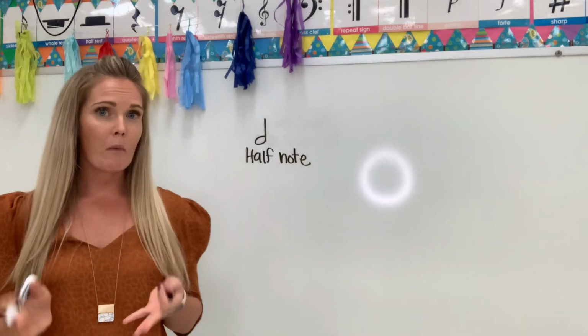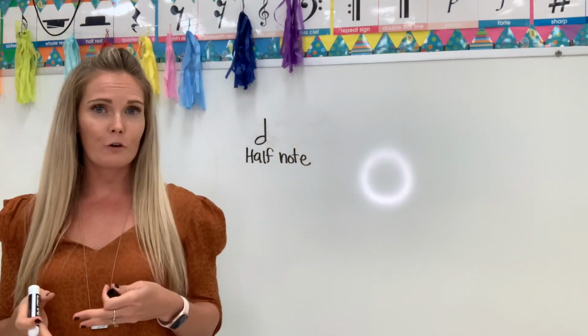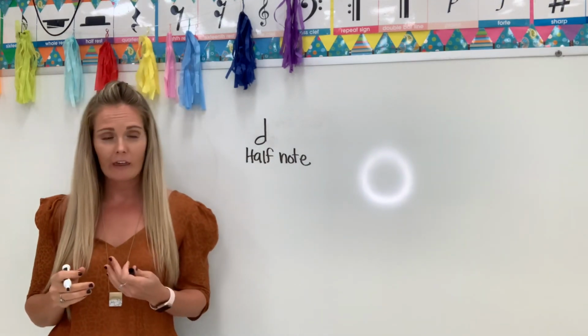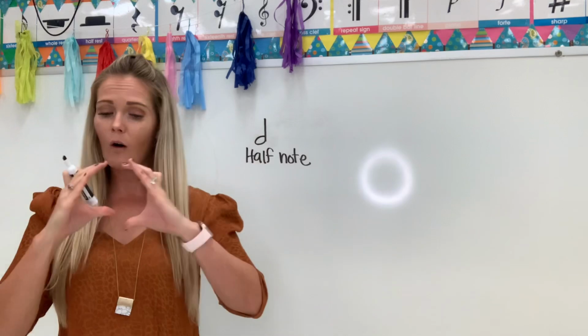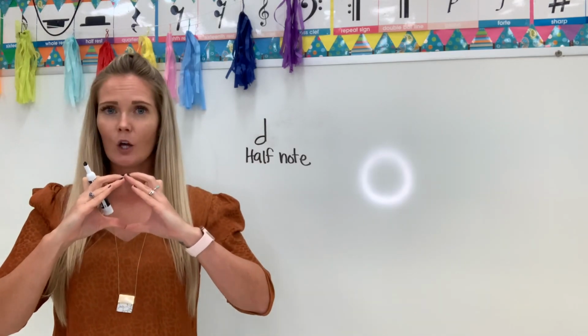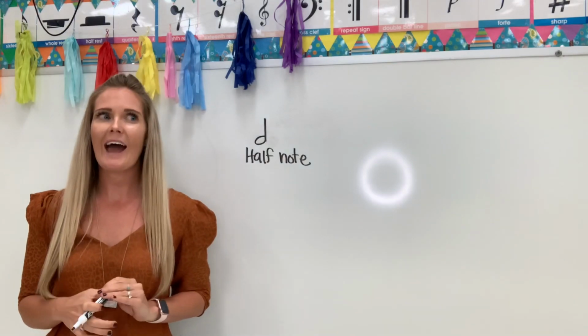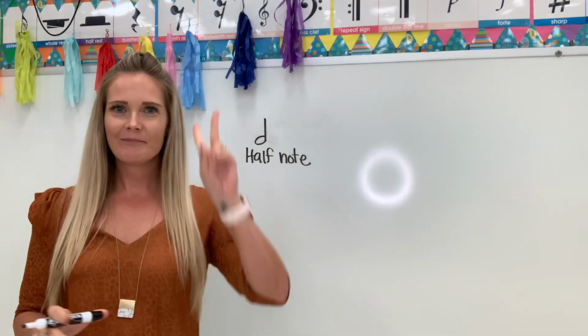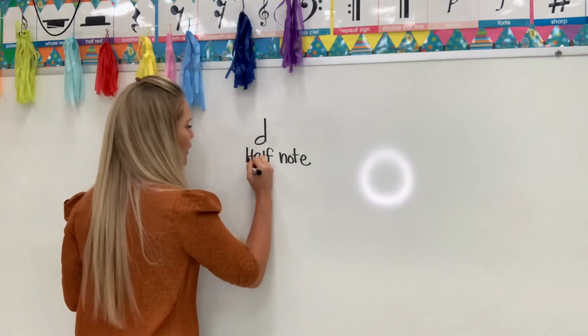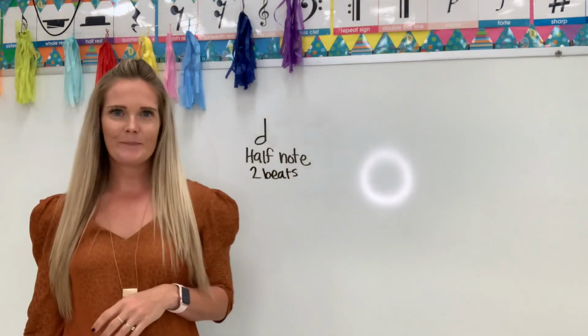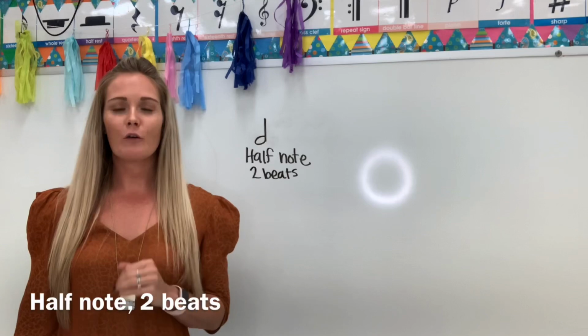Now, if it's smaller than the whole note, here's a hint of how to figure out how many beats it's worth. If the whole note is 4 beats, what do you think a half note would be worth? What is half of 4? 2, very good. You are smarty pants. 2 beats, okay? The half note is worth only 2 beats.